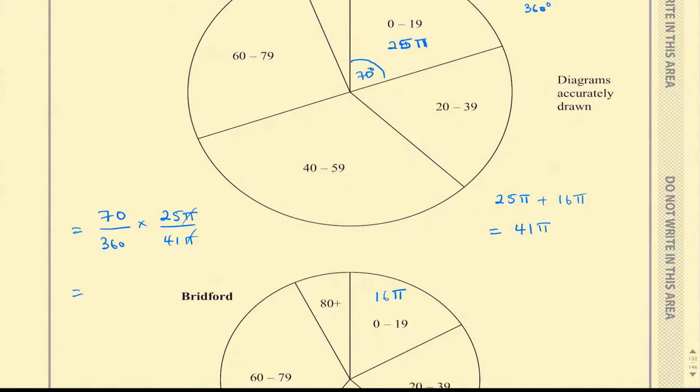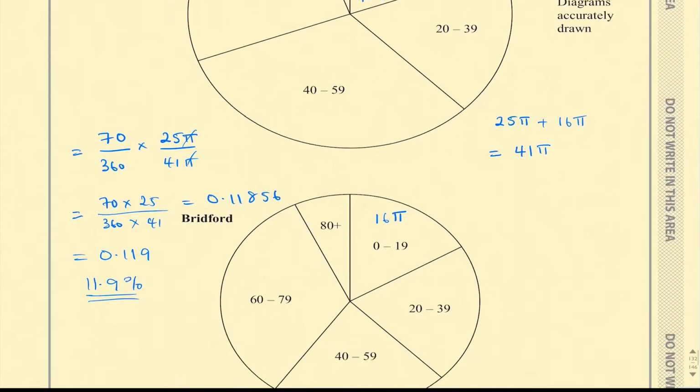When we multiply 70 times 25 over 360 times 41, we get 0.11856, which is roughly 0.119. So if I multiply this by 100, the percentage is 11.9%.